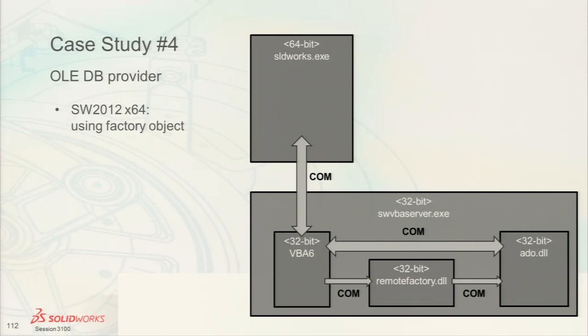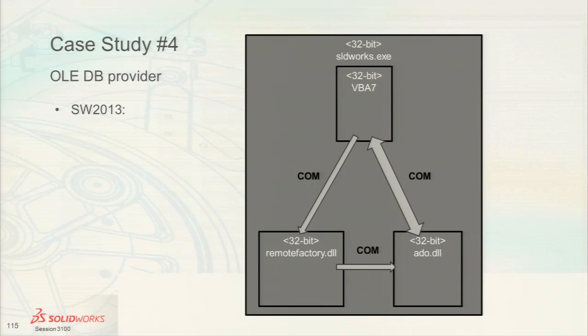So we're not going to use that surrogate host. That's fine. And actually, at 32-bit, you can use the same thing, because that's all 32-bit. So COM will say, okay, fine, I can load your factory object in that process as well, no problem. And again, if you spotted it, for 2012 we can do the same thing.